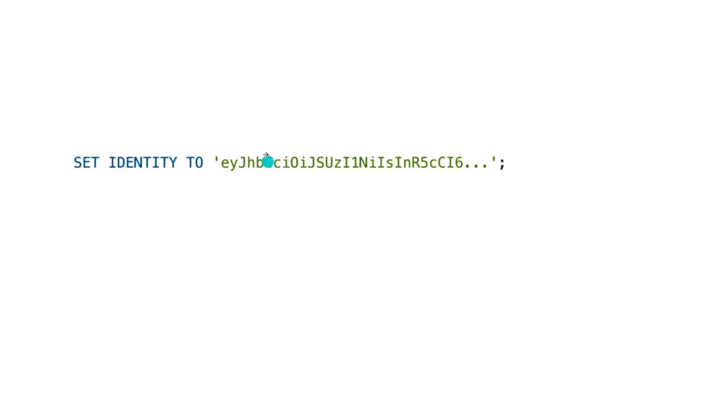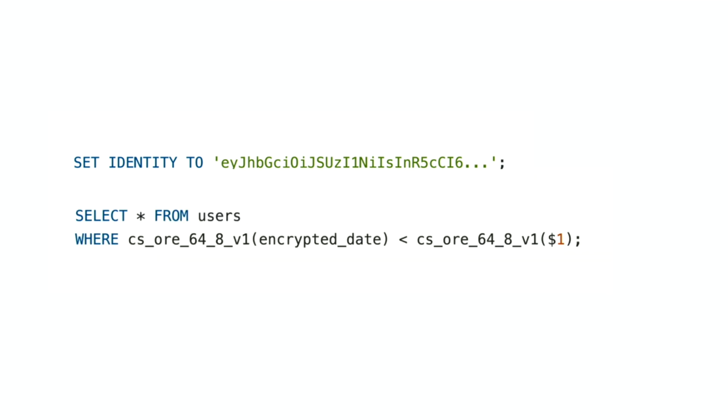We do that using this set identity command. And so that is telling EQL who the user is, effectively through their JWT, and so we can use that in policy decisions. It also is now fully aware of the ORE encryption scheme that I mentioned before, and Bloom filters and a bunch of others.